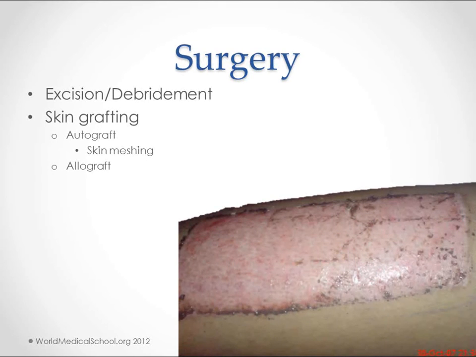So debridement consists of getting rid of all the bad skin, all the dead tissue. And one of the important reasons we're doing that is because of the possibility of infection. So dead tissue is a great breeding ground for infection. Pseudomonas is the classic one that you think about with burns. It could be any type of infection, though.